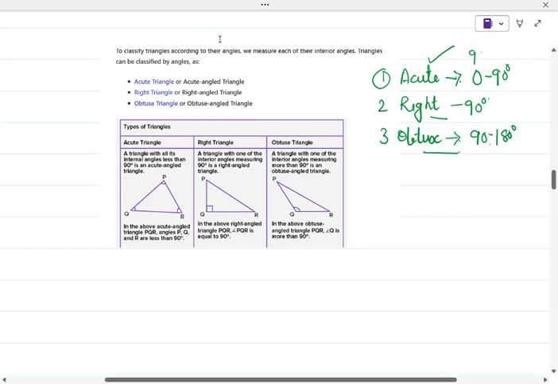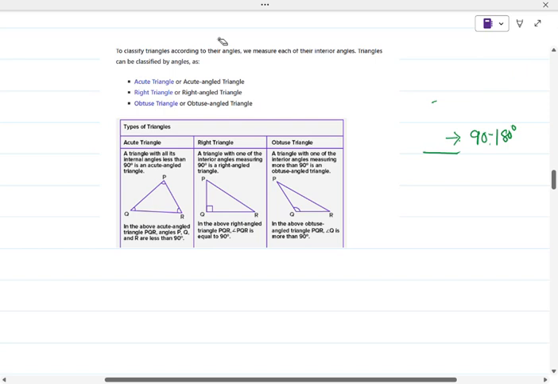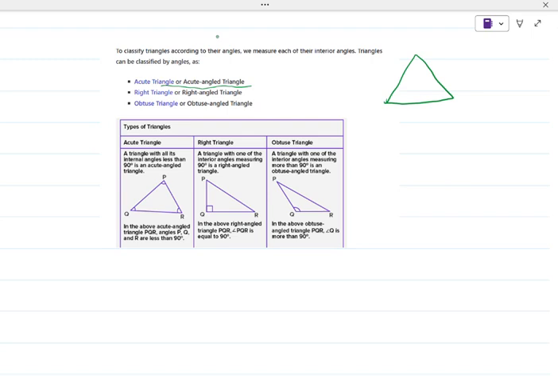But when we talk about the acute angle triangle, right angle triangle and obtuse angle triangle, that is different. If it is an acute angle triangle, you have three angles but all are less than 90 degrees. It does not mean they are 60, 60 and 60.